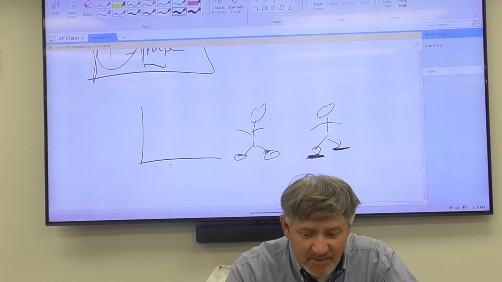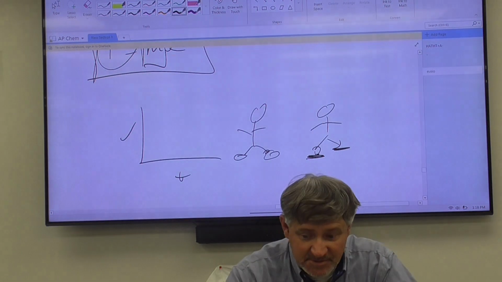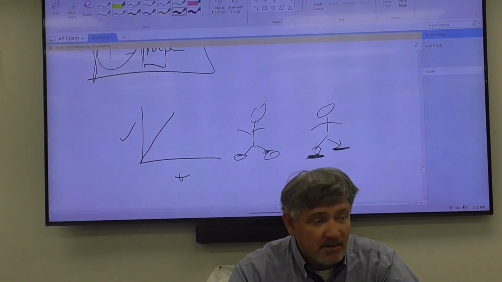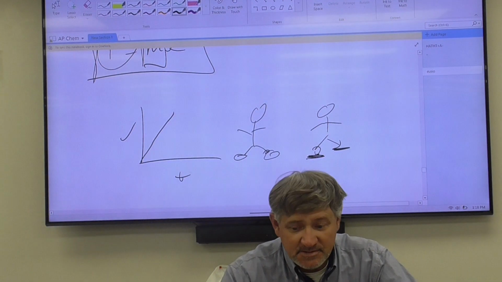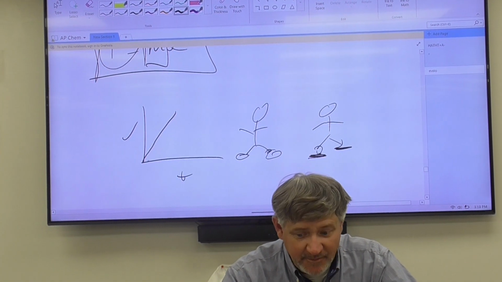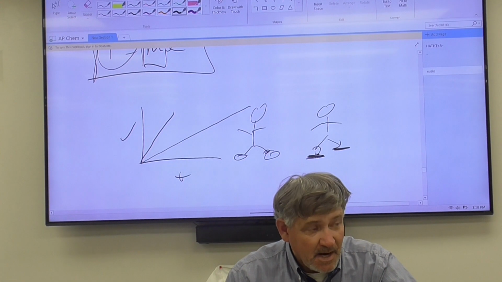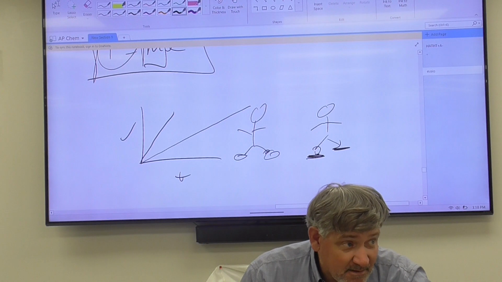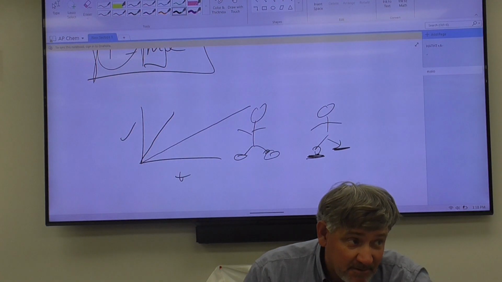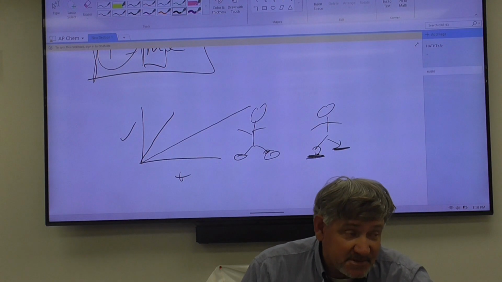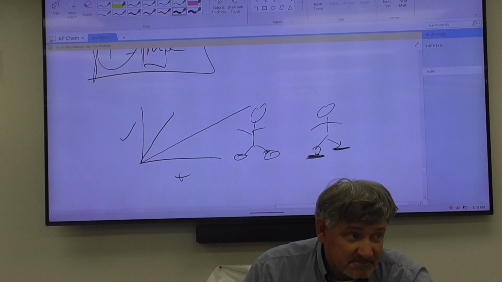So the slope of your velocity time graph going from 0 to Chuck might be this. The slope of my velocity time graph is going to be like this. I can get up to your speed, but it's going to take me longer, because I don't have as much frictional force. Does that answer your question?